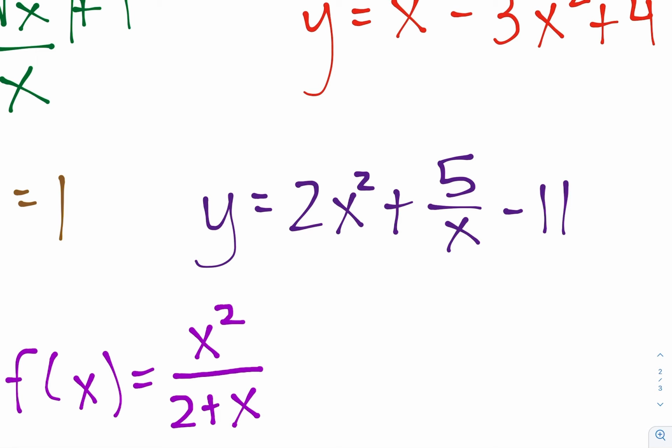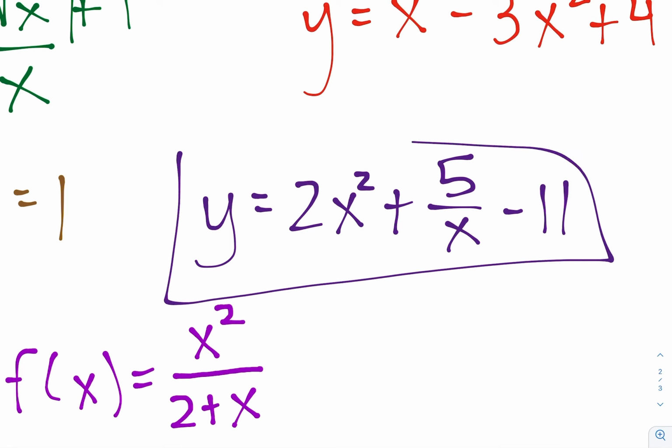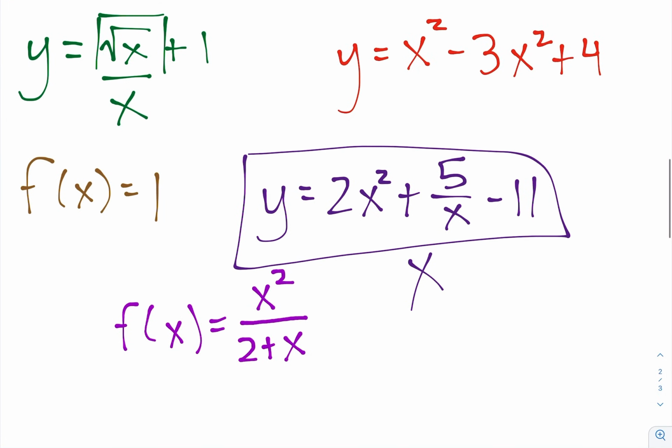Even though 5 is a polynomial itself, and x is a polynomial itself, when we're dividing a polynomial by a polynomial in an equation, the equation is no longer a polynomial equation. It's a rational equation. So this is not going to be a polynomial.